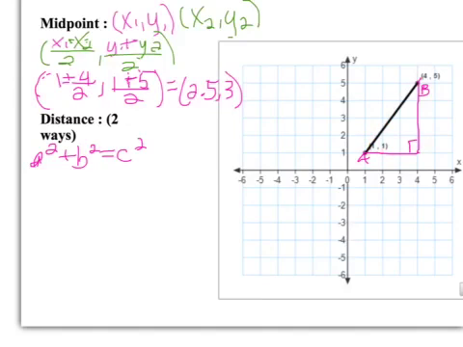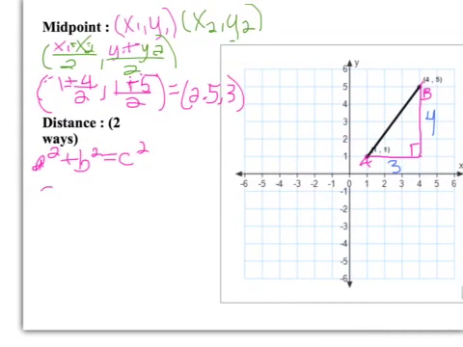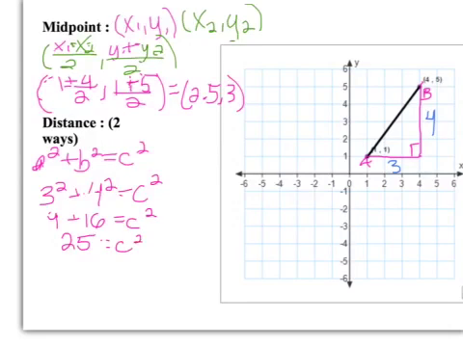When it's a horizontal or a vertical line, in order to find the length, you can just count. So the bottom is 3 units. The right-hand side is 4. So we're going to do 3 squared plus 4 squared equals c squared, which means 9 plus 16 equals c squared. 25 equals c squared.